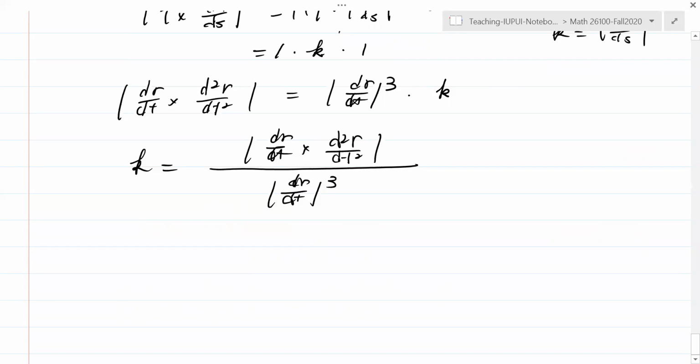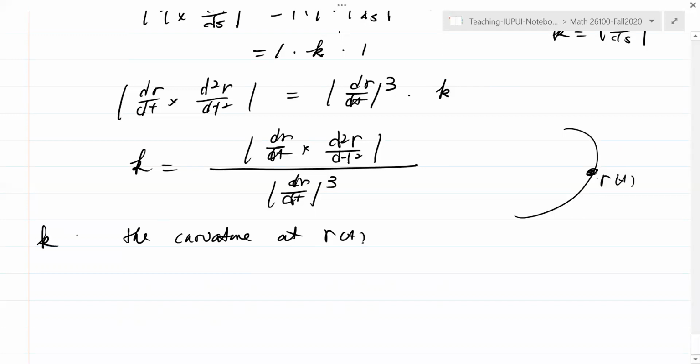This is a function that tells you the curvature at the point t, the curvature function at that particular point.